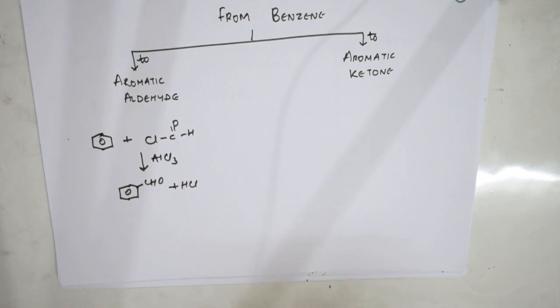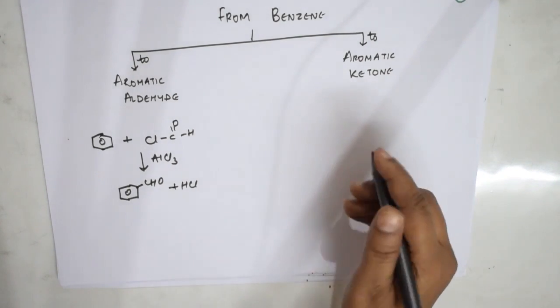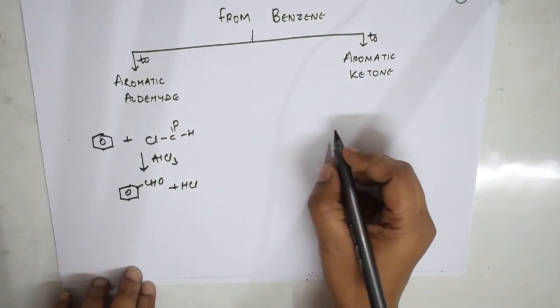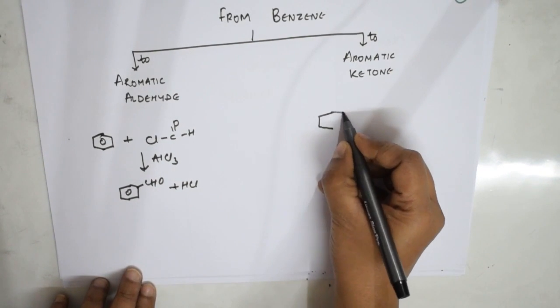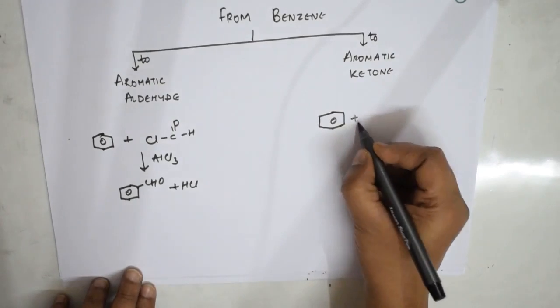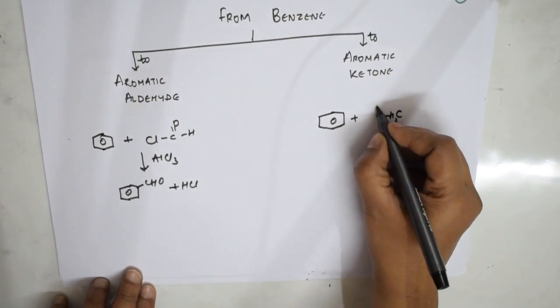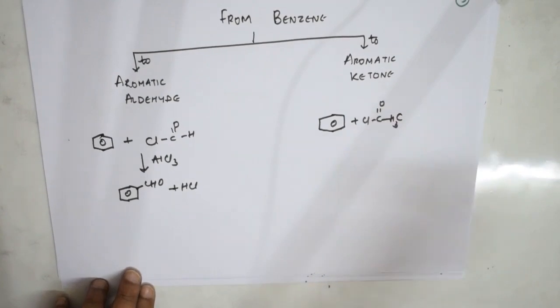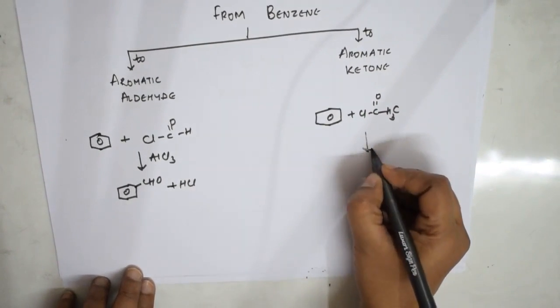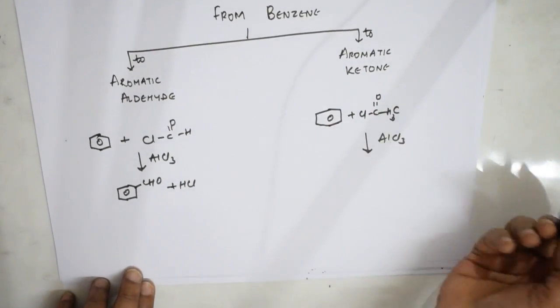This is fine, right? Now in the same way, suppose I have to prepare an aromatic ketone, what am I going to do? I'm again going to take benzene, and here I'm going to introduce the acetyl chloride group. Here again I'm using aluminium chloride.